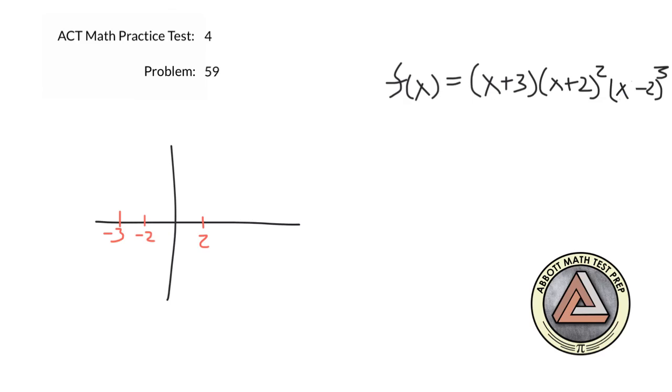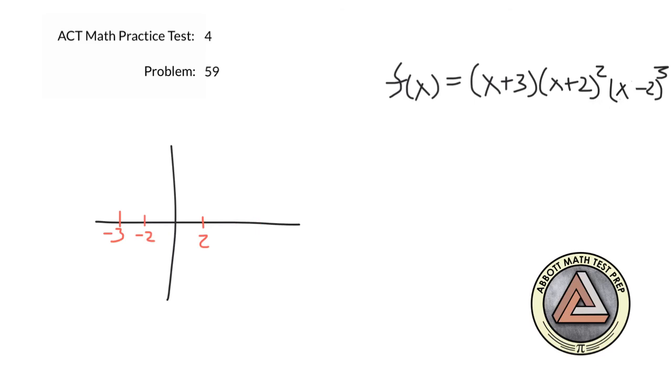Now, that makes total sense because any point on the x-axis has a y-coordinate of 0. Any point on the x-axis has a y-coordinate of 0.